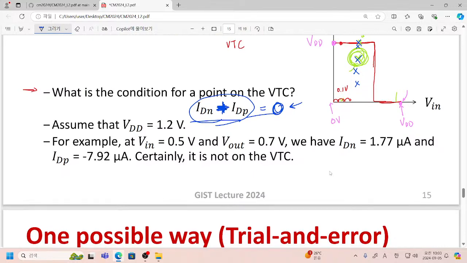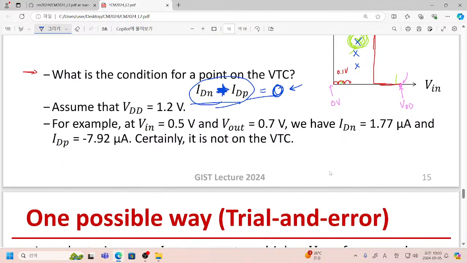For example, here I bring one example. When input voltage is 0.5 and output voltage is 0.7, then we have drain current from NMOSFET and drain current of PMOSFET, and as you can see, they do not match at all.